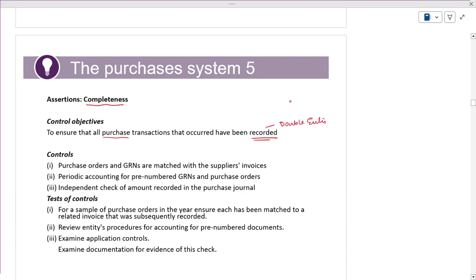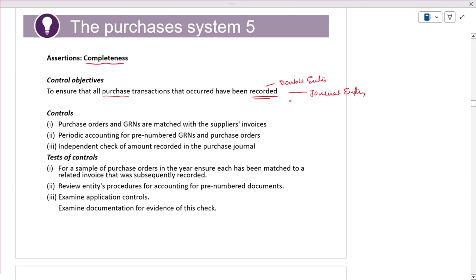Either they have recorded it, they have passed the general entry or not. If you are passing the general entry, that is taken forward for other cases also. Now what are you doing before you pass it? This is the accounts department.